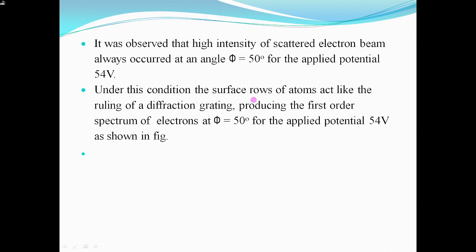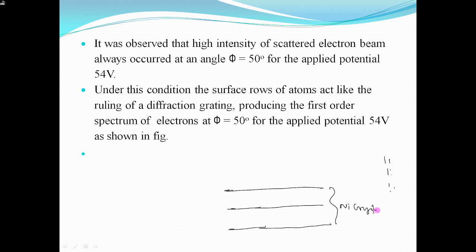We know that these are the crystal planes, and they look like a grating. Grating means a number of slits placed side by side, and like that we have crystal planes. This is the nickel crystal.